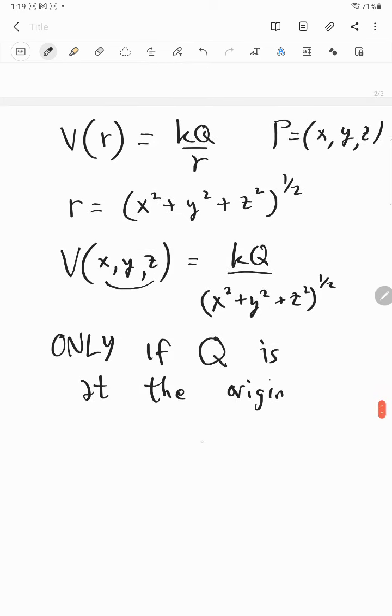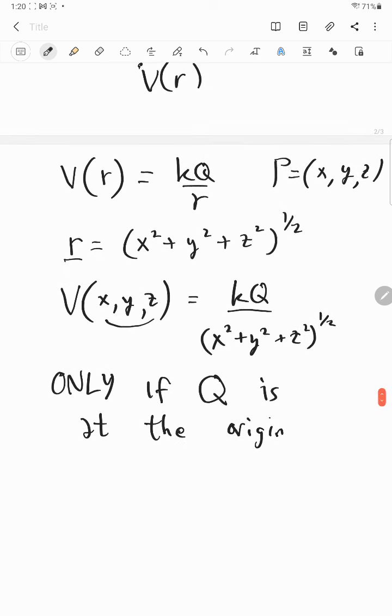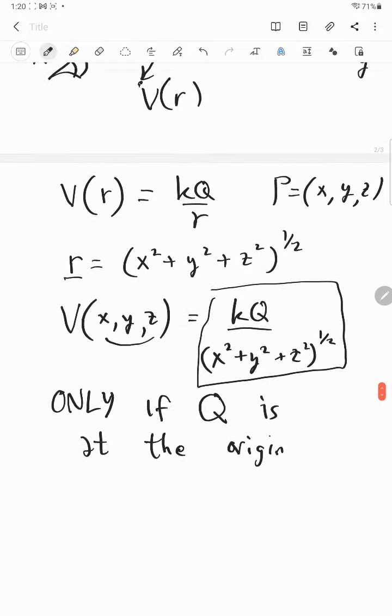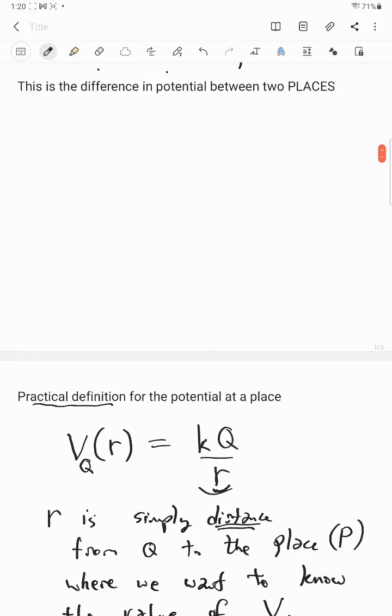If Q is not at the origin, then you have to be more careful about what you mean by this distance R. So you might have to make some edits to this formula, but I hope you can sort of see through the problem. But if the charge Q is at the origin, then the potential can be written this way, right here. Okay, so this is the potential at a place P, and it is very practical.